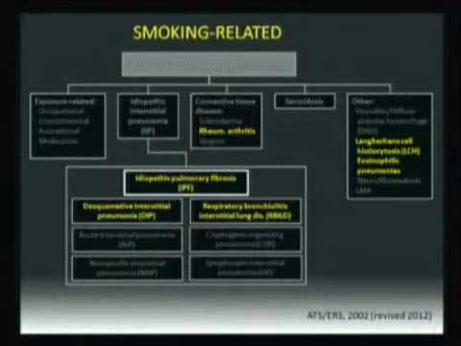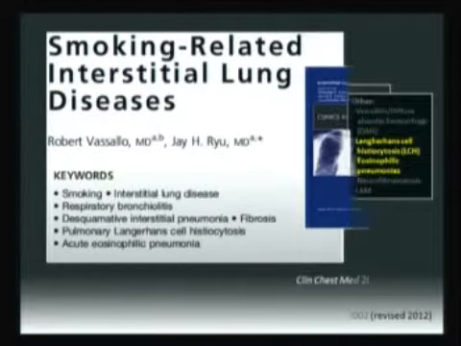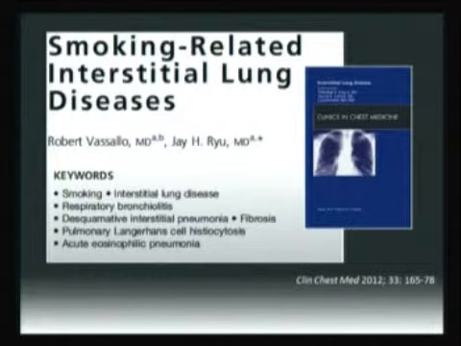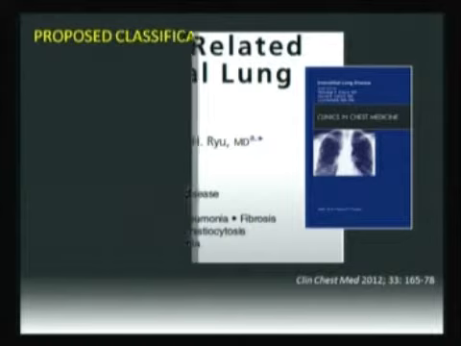So even in the field of ILD, smoking has a prevalent and prominent role. This is the new classification proposed by JRU in this issue of Clinical Chest Medicine for smoking-related interstitial lung disease. It's very interesting and very important, I think.